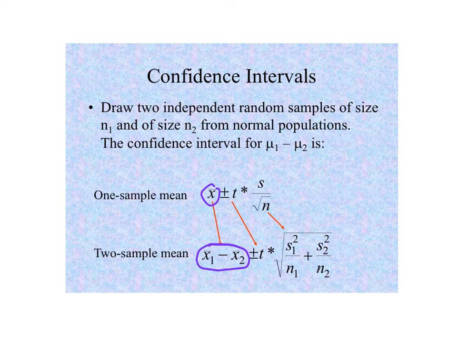And the other thing that changes is the standard deviation. It becomes the following. So this is also in your formula chart. If you want to look in your formula chart and see how the standard deviation changes for two sample proportions.